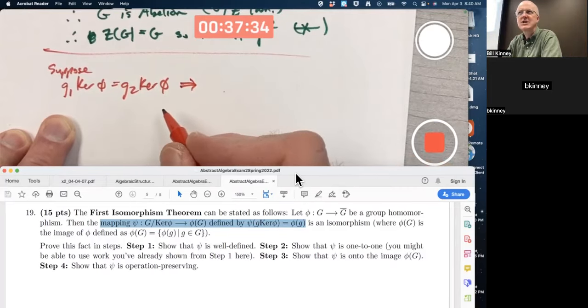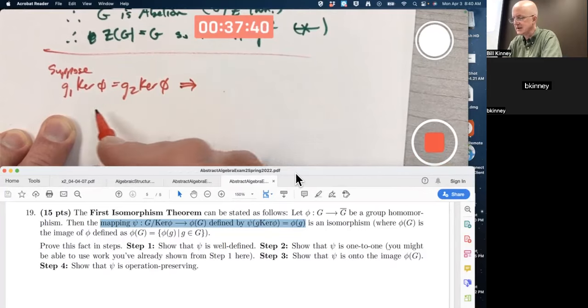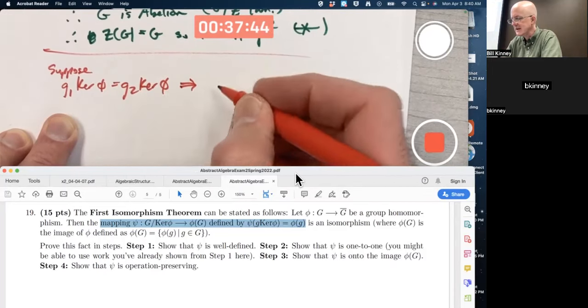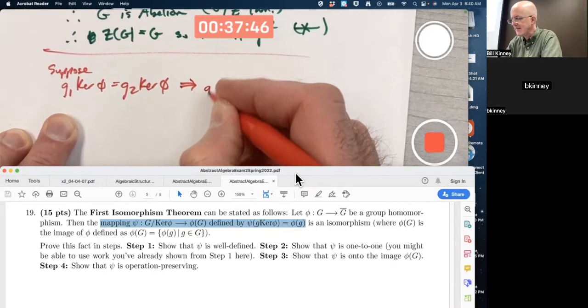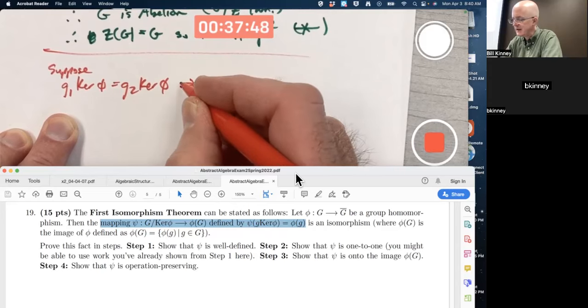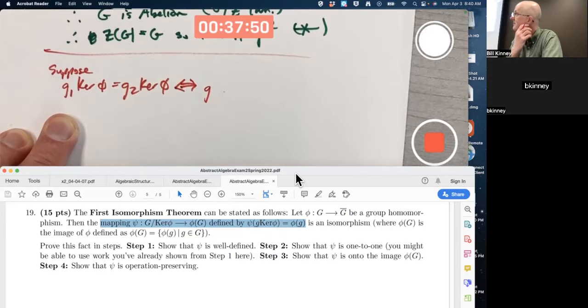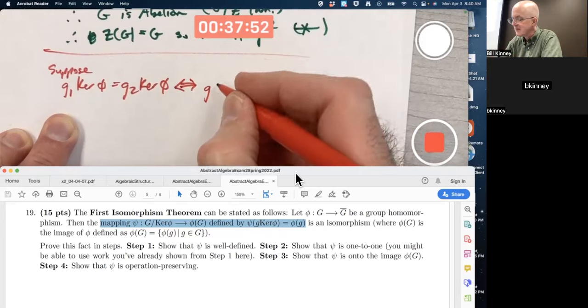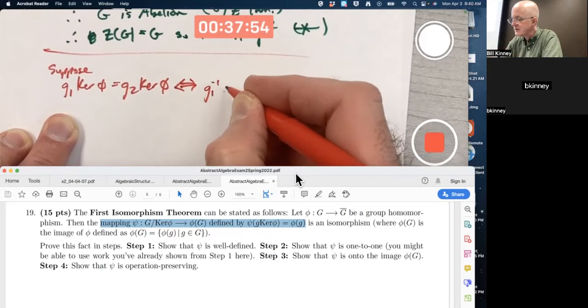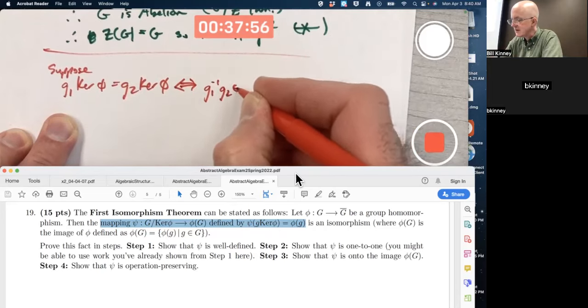AH equals BH if and only if A inverse B is in H. So these are cosets: G1 kernel phi equals G2 kernel phi. That's actually an if and only if, so I'll go ahead and put a backwards arrow as well. G1 inverse G2 is in the kernel.